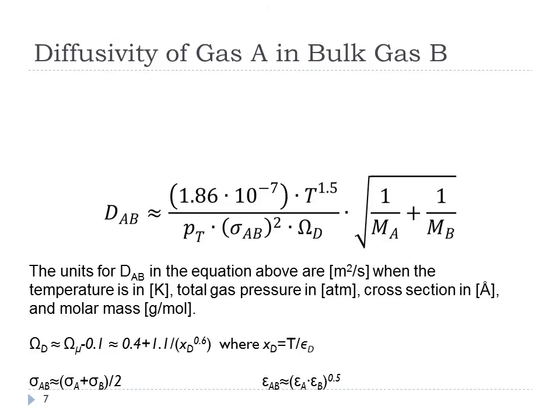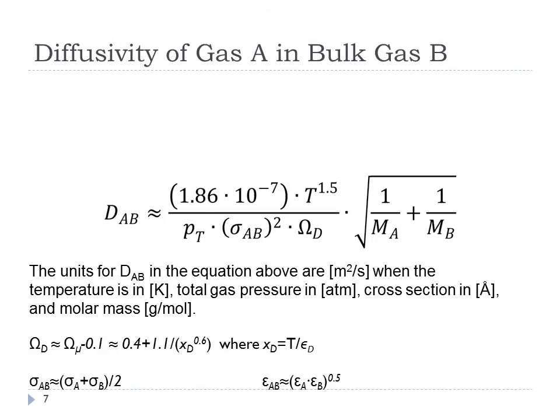Make sure that it's the total gas pressure, P sub T, that matters in this equation. In earlier equations we saw it was the partial pressures. Here the gas pressure is in atmospheres, the cross section is given in angstrom, and the molar mass is given in grams per mole.